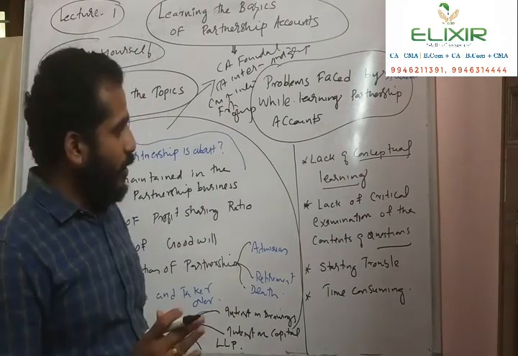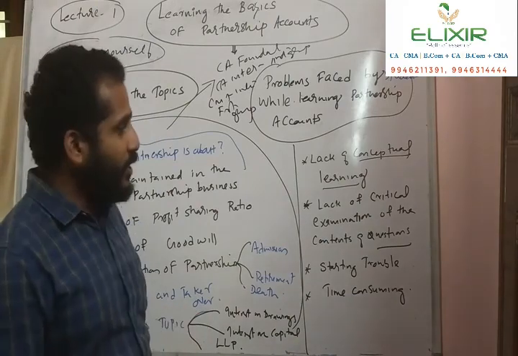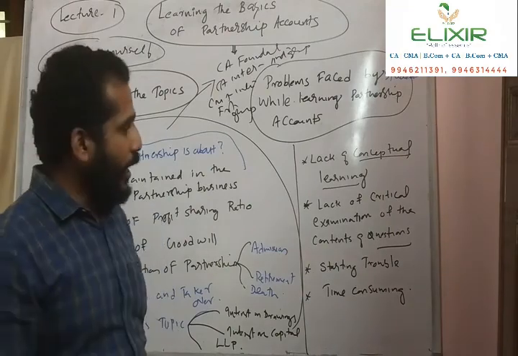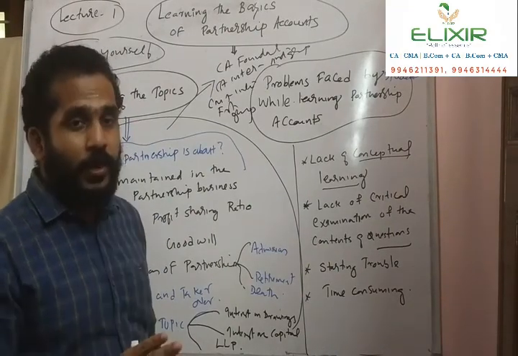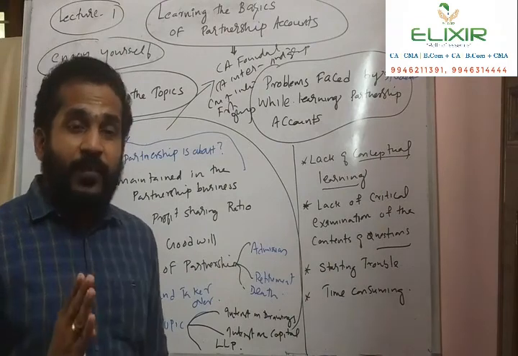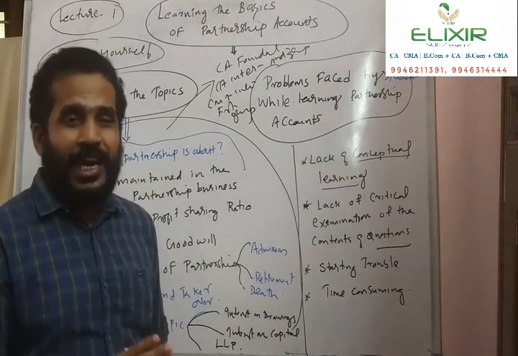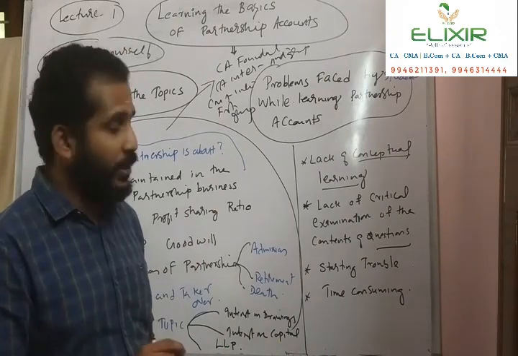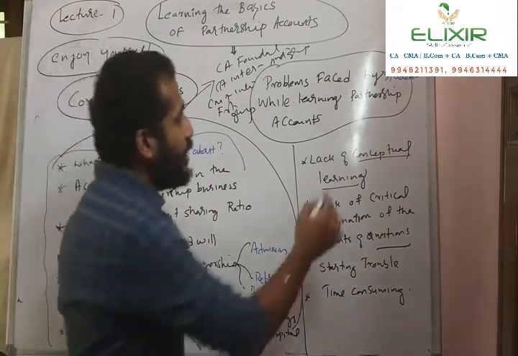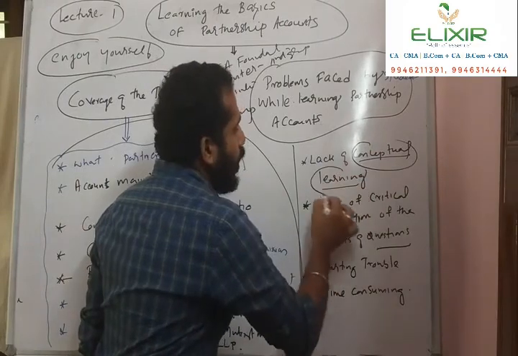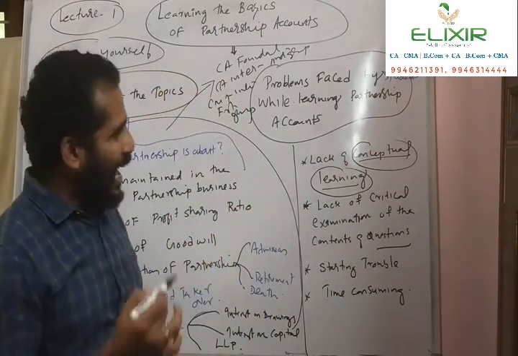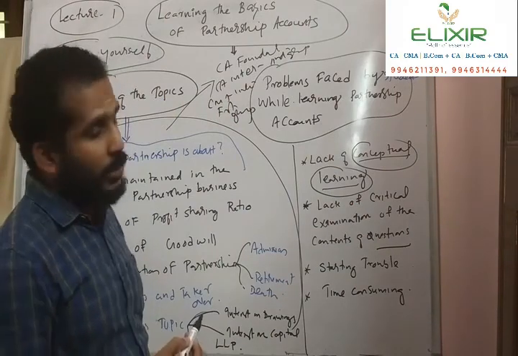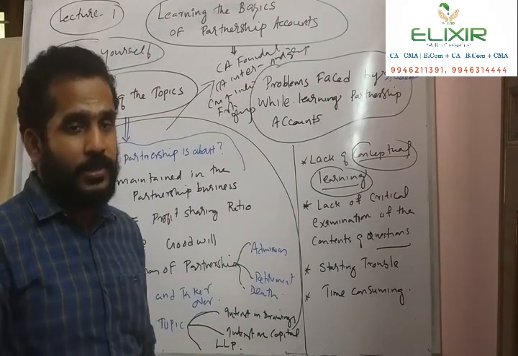But in reality, if you want to perform an accounting problem, what is required is the theory. 95% of your question can be done only if you are well aware of the theoretical aspect. That is what is called conceptual learning. Most students lack the conceptual learning of partnership, and that's why they think the study of partnership accounts is a Herculean task.